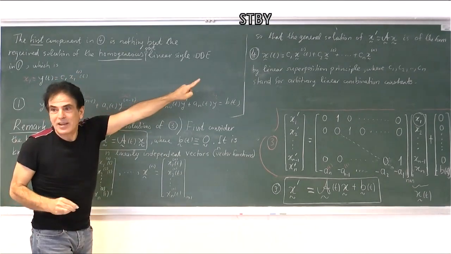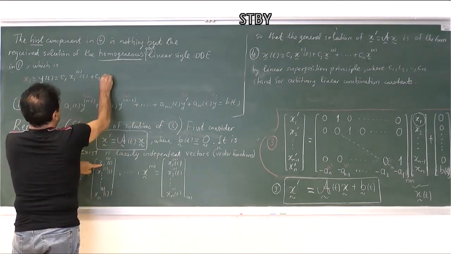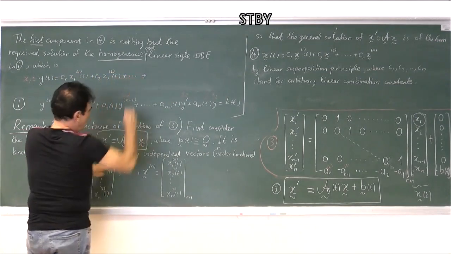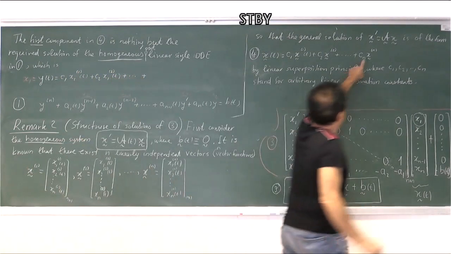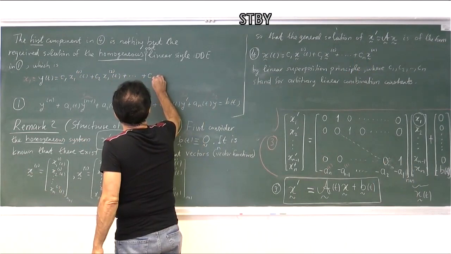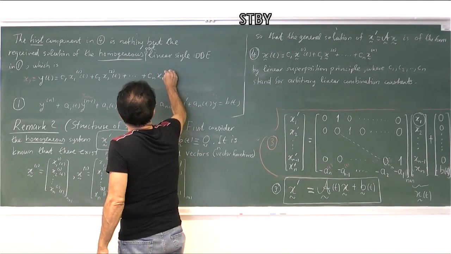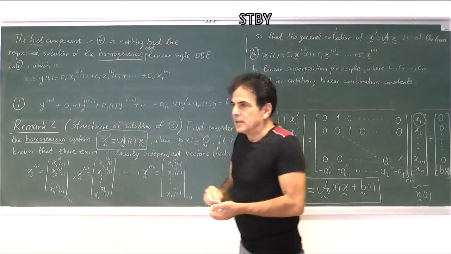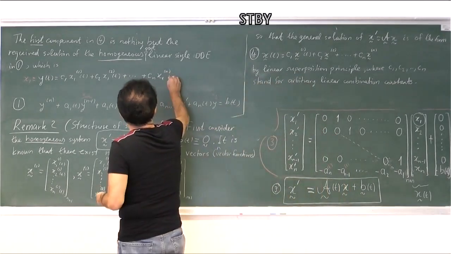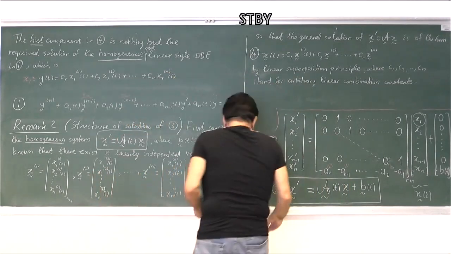Taking the sum of n vectors, the second one is C2 x1,2 of t, and continuing this way, the first component coming from the last, nth vector solution is x1,n of t.